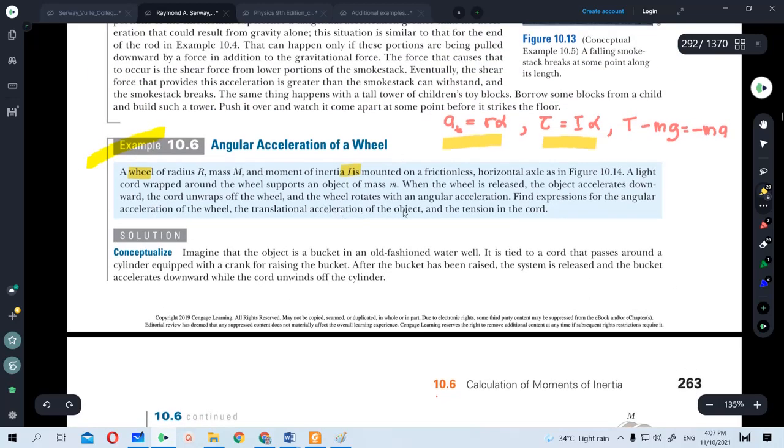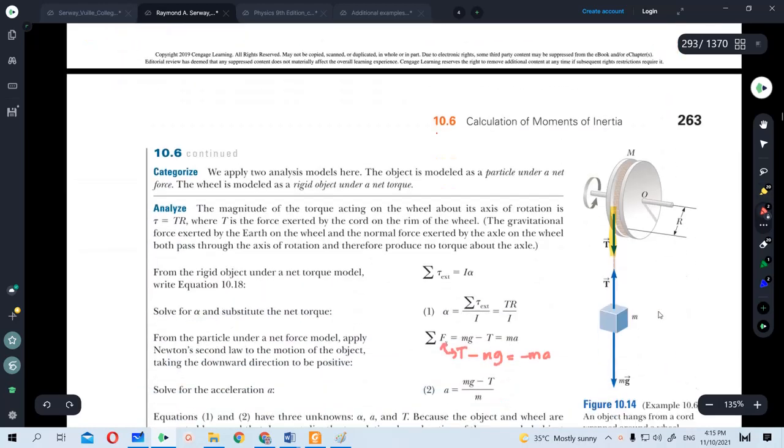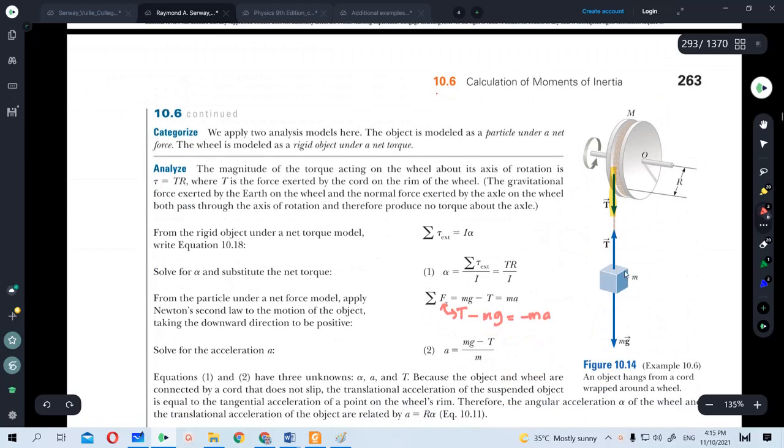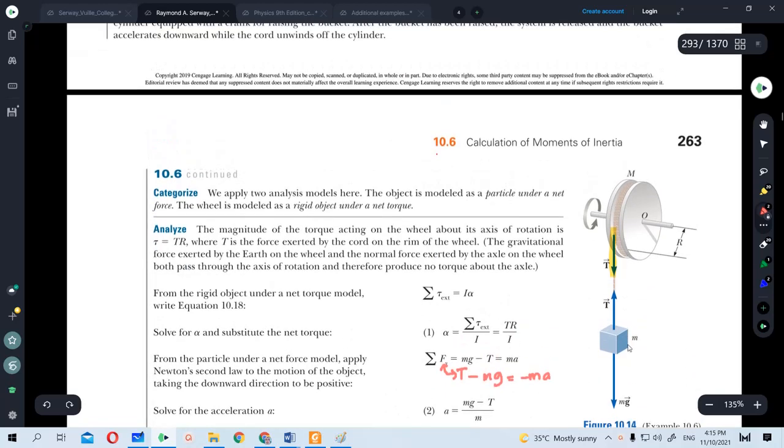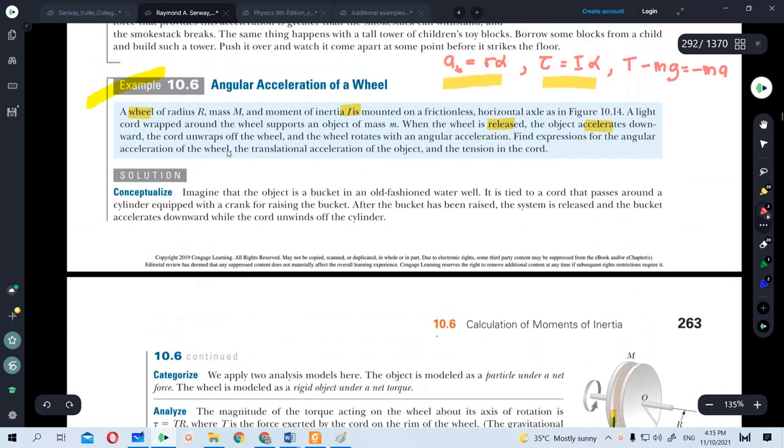So here you find that when the wheel is released, the mass at the bottom will accelerate downward. As this object M falls down, it will pull the string, resulting in the cord unwrapping from the wheel, and the wheel will rotate with angular acceleration.